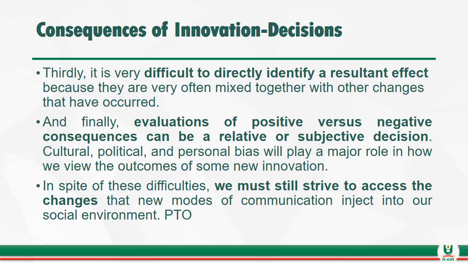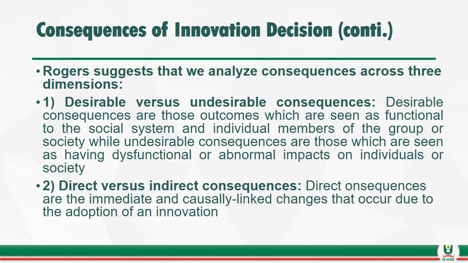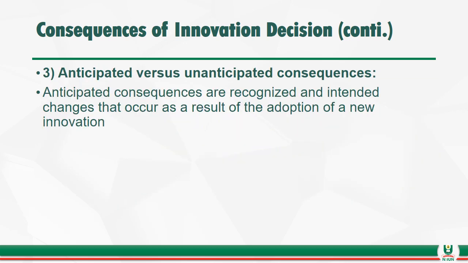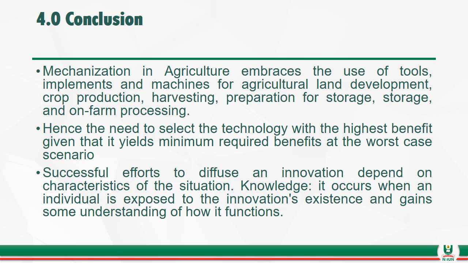In spite of these difficulties, we must still strive to assess these changes that these new modes of communication inject into our social system. Ladies and gentlemen, we have different types of consequences: desirable versus undesirable consequences, direct and indirect consequences, and anticipated consequences.